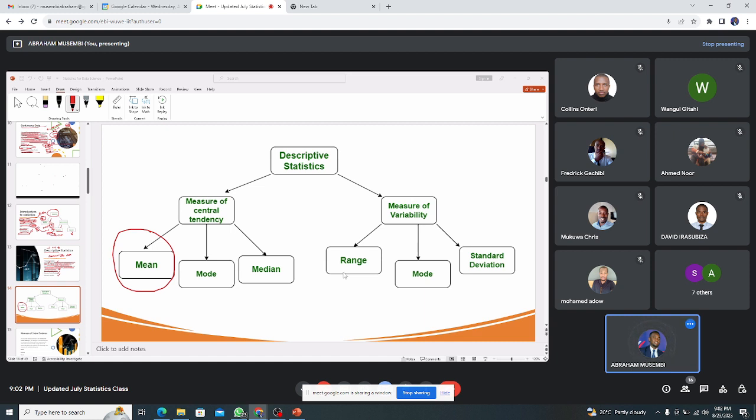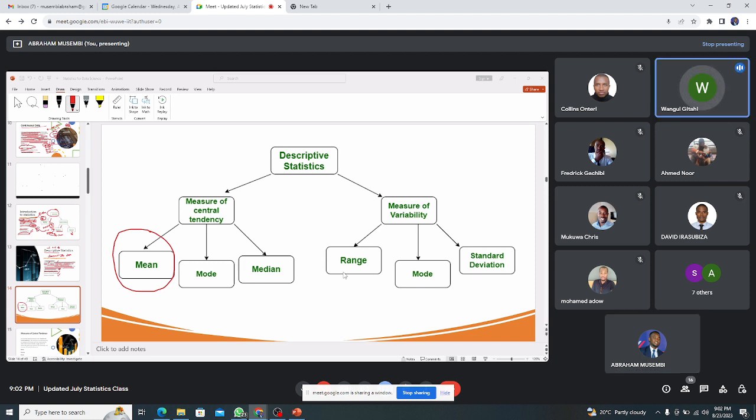What about median? What is median? Median should be the data that is found in the middle in a given set of data. Yes, Wangui. I wanted to say much the same thing.